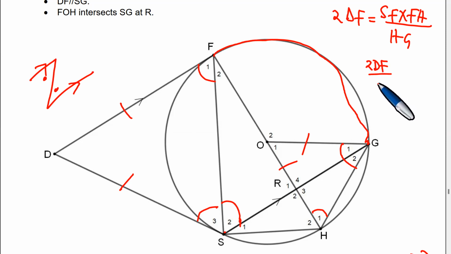You divide by FH. And therefore, this is SF over HG. Okay, you can divide like that. And if you divide like that, that therefore gives you the DF, and then you have FH, and then you have SF, and then you have HG.